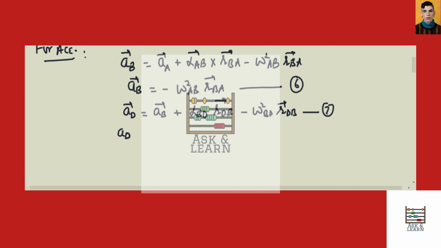Acceleration of D relative to E is acceleration of E plus alpha DEF k cap cross r_DE minus omega square DEF r_DE vector. The acceleration of E term is 0.